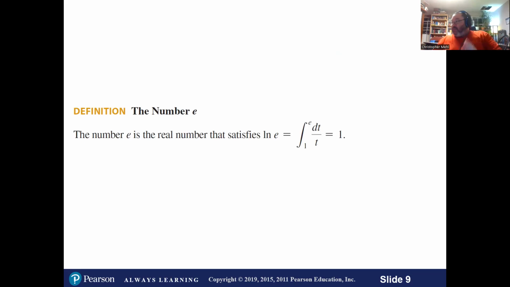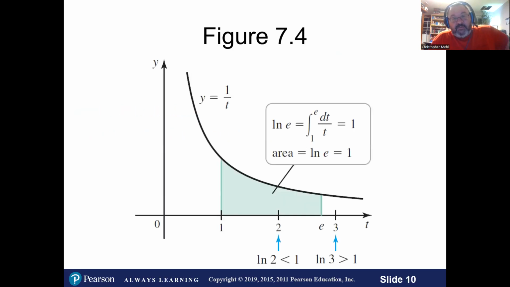And so that brings us to another definition of that special number e. Okay, the number e is that real number that satisfies the natural log of e equals the integral from 1 to e of dt over t equals 1. Okay, so it satisfies the natural log of e equals 1.